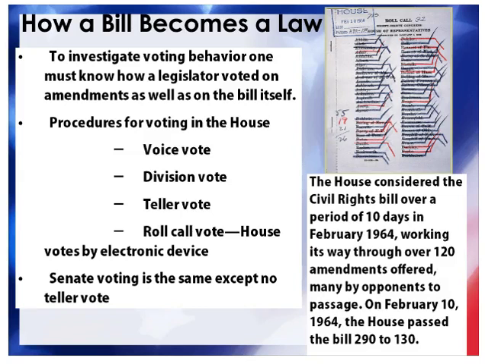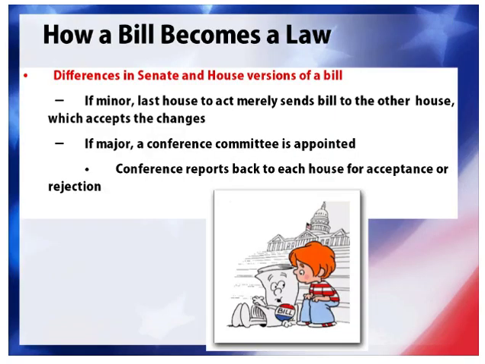But with only 100 members, they don't need as complicated a system. With 435 members, you obviously need some type of system with all of the bills you're voting on in order to tabulate those votes and do it quickly. So that's the significant difference between the House and Senate measures.